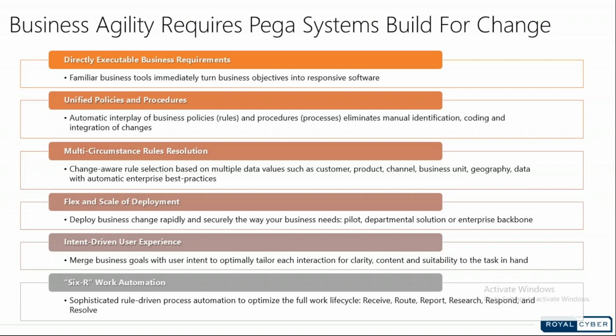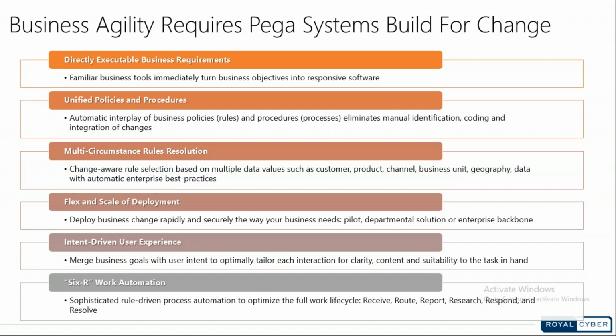And the next thing is flexibility and scale of deployment. From development to deployment, the ride will be very smooth in Pega because the UI is more sophisticated, so development and deployment will be faster. The next one is the best intent-driven user experience.